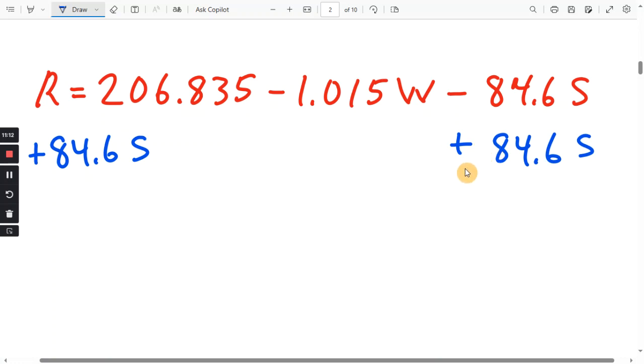It cancels here. All right, we have R plus 84.6. I'll rewrite it so you don't get confused.